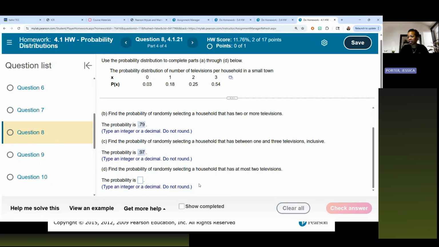Find the probability of randomly selecting a household that has at most two televisions. You can use the complement rule here too.